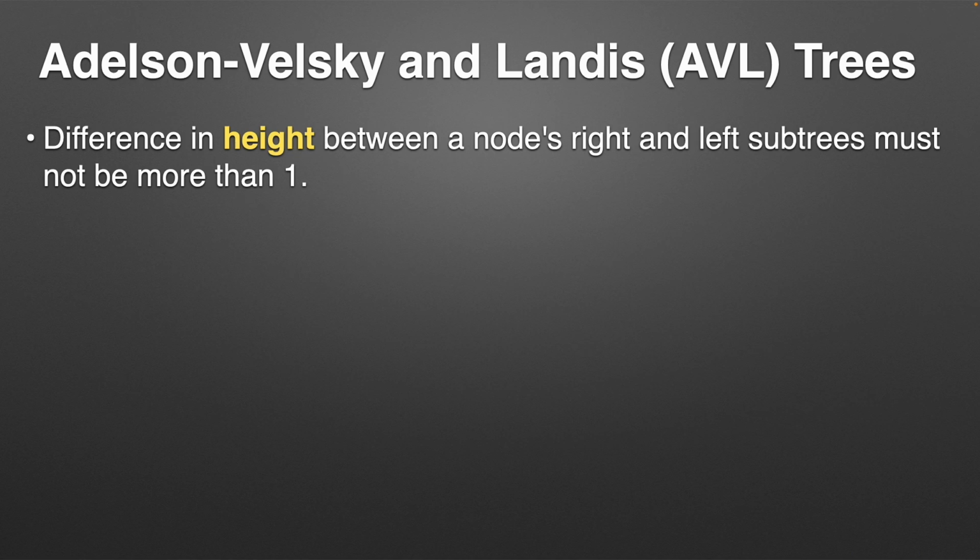Intuitively, the further apart those are, the less balanced this thing is. So what we want to do is make sure that the left and right subtree of any of the nodes never have more than a difference of 1 in their heights.